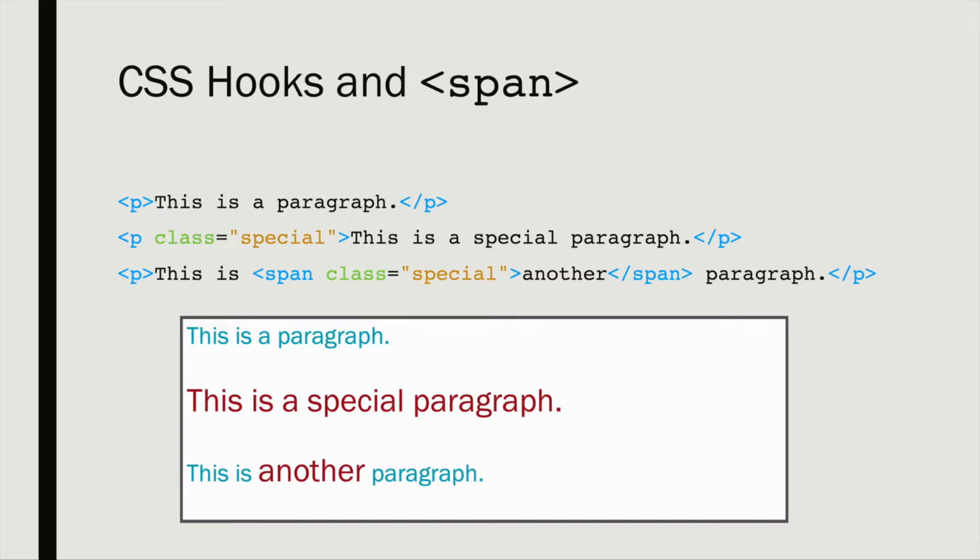And with this, you also have the class attribute in the value of special. Both classes have the same value, and the class special has the same rules for both elements. So this way, instead of specifying the p tag and a span, now you can identify just the class special and have the same styling. In the white box, you actually see a good example of what the span tag can do to an inline element.